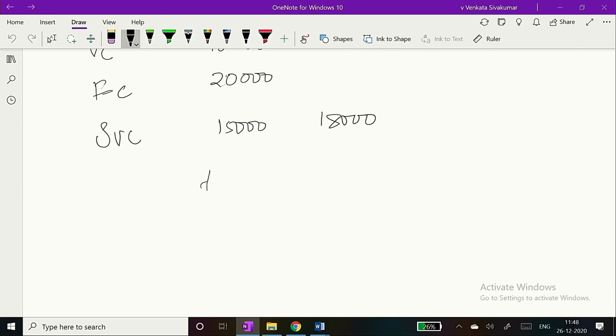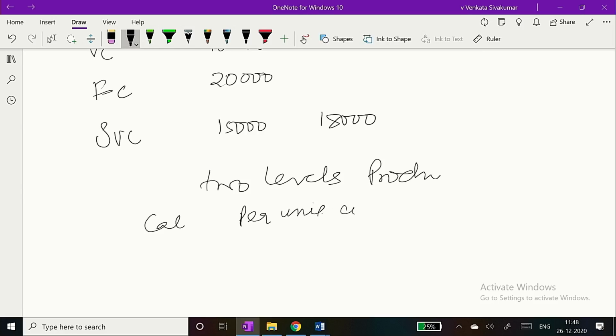You take two levels of production. Always, when you are asked to find out whether it is a variable cost, fixed cost or semi-variable cost, the first question is, give me two levels of production. Calculate per unit cost. If it is constant, that's known as variable cost.